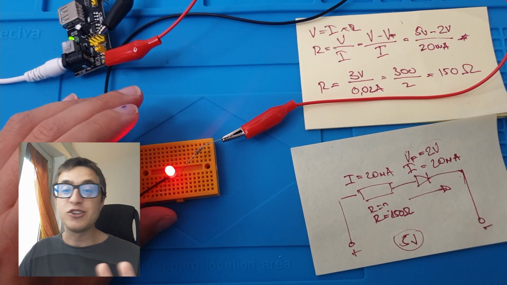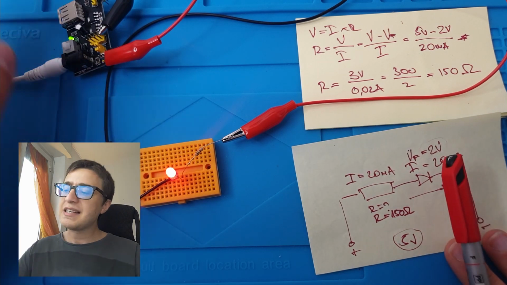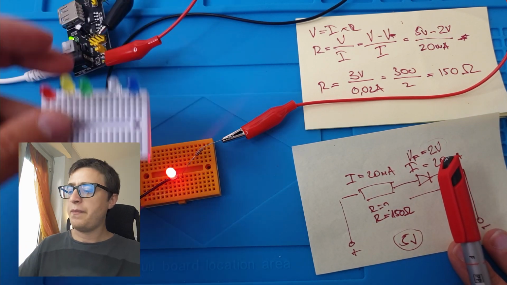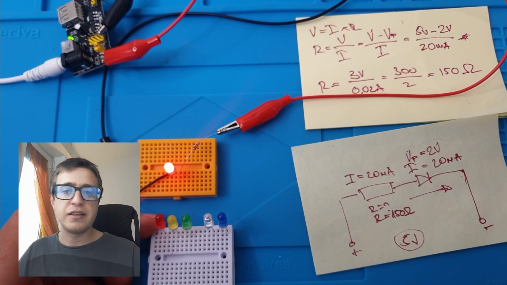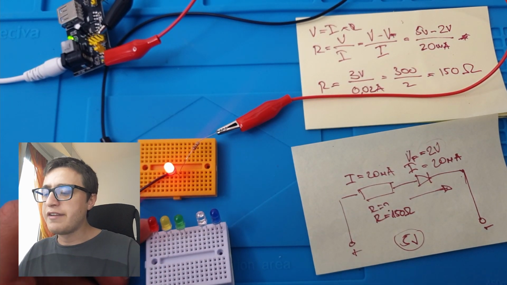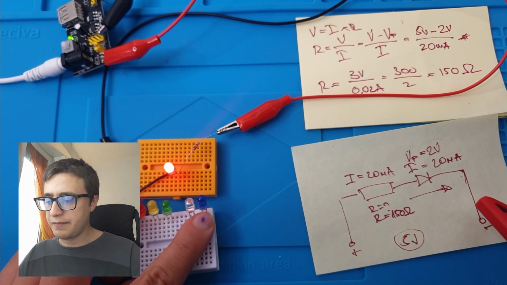So basically you should know that not all lights need the same resistance. Because we have different kinds of LED lights. I have here a red one, yellow one, green one, white one, and a blue one.